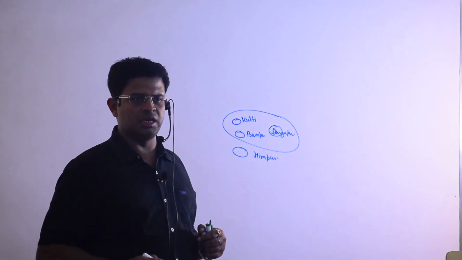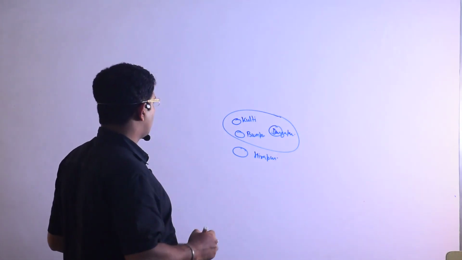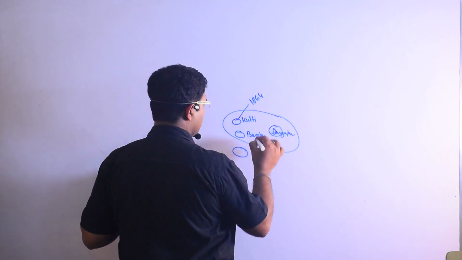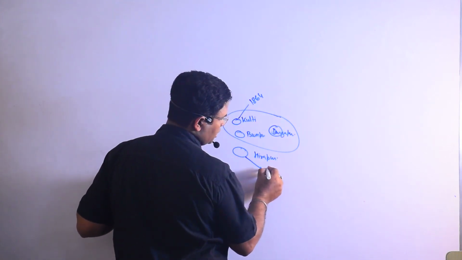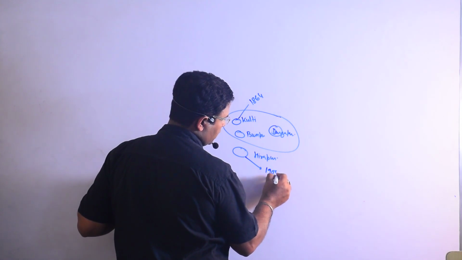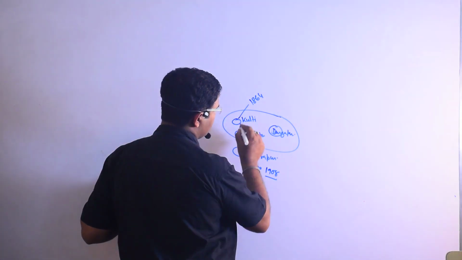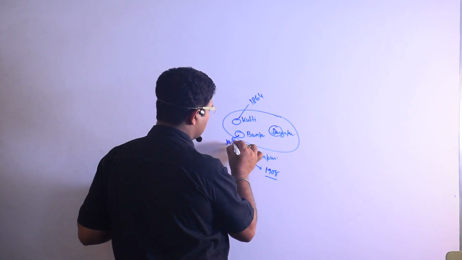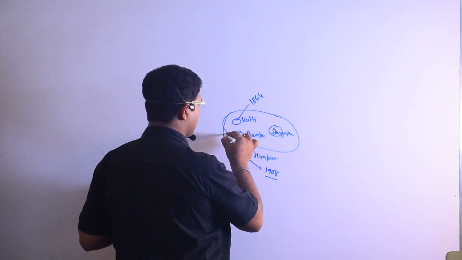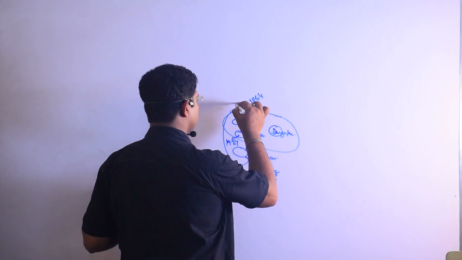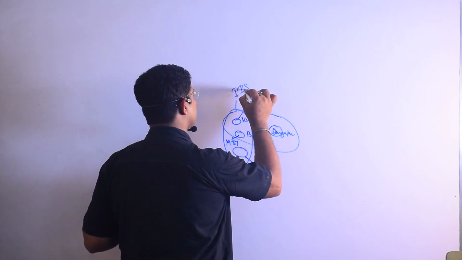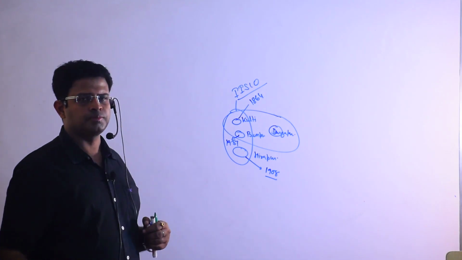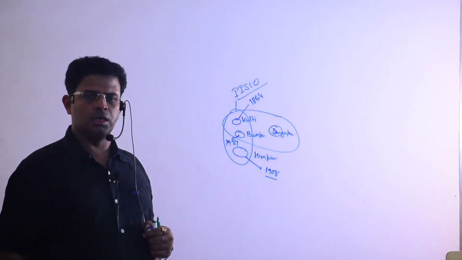These three are together known as IISCO. Kulti was formed in 1864, Hirapur in 1908, and Burnpur in 1937, and they became IISCO, Indian Iron and Steel Company.